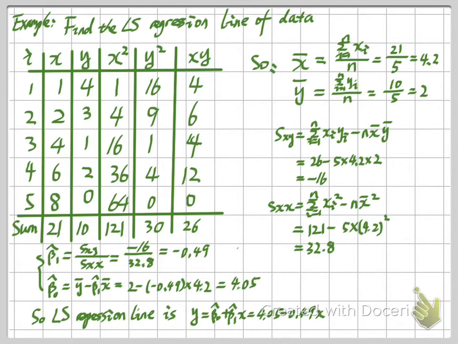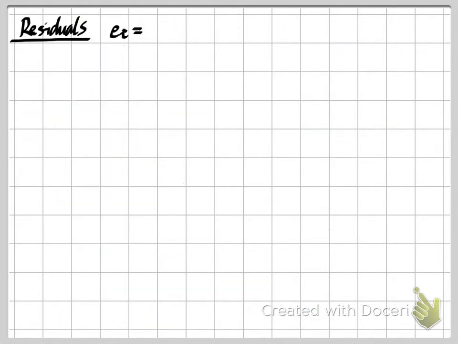So before the end of the video, I want to talk a little more about the residuals. So we already know the method we compute our beta 0 and beta 1 to minimize the sum of the square of our residuals. And now after we construct this least square regression line, we can compute our y hat based on the value we have about xi and our beta 0 hat and beta 1 hat.